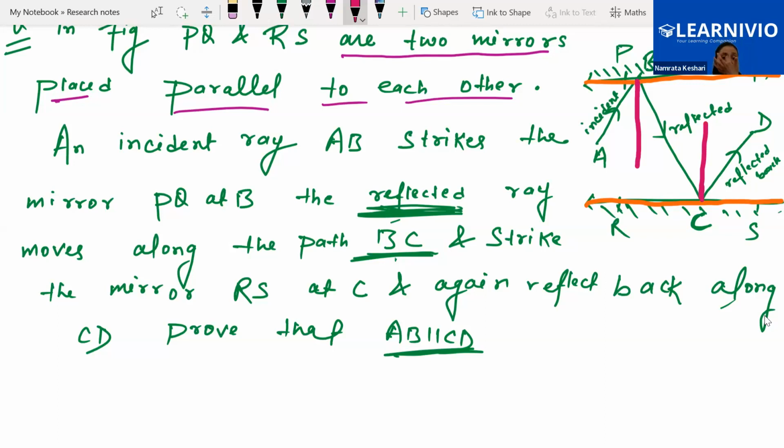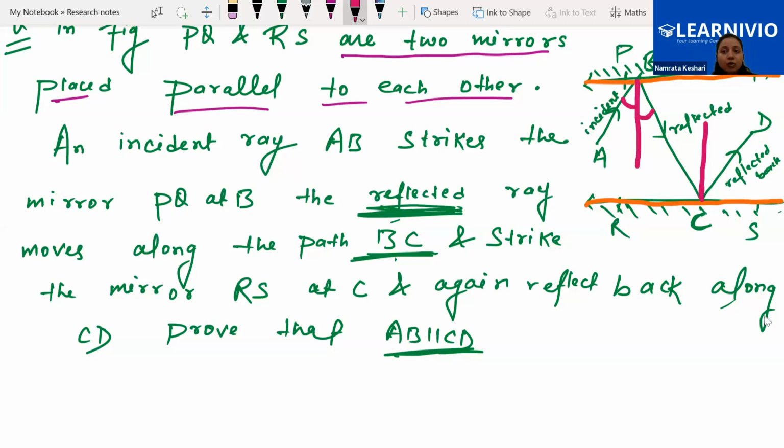And we know that angle of incidence is equal to angle of reflection. Yes or no? Yes, ma'am. Incident angle is equal to reflected angle along the line where the perpendicular we have drawn. So this angle and this angle will be the same.